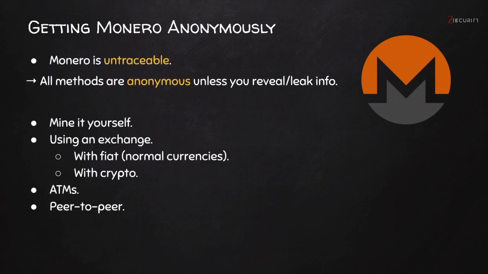The only way that this can be linked to you is if you make an OPSEC mistake and someone hacks into your computer, or if you're forced by a law enforcement agency to give information about where you use that Monero. They'll be able to see that you bought Monero on X website, but they won't know which wallet this Monero went to and what it was used for unless you go ahead and give them the information yourself.